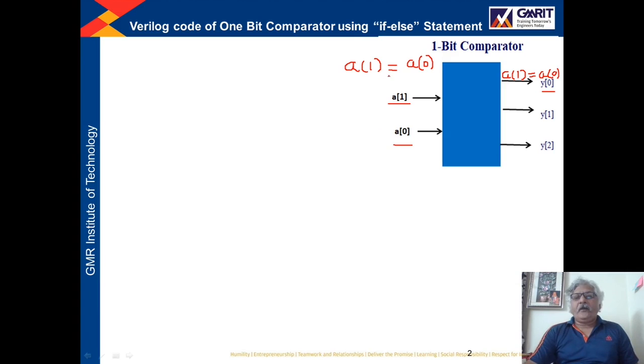Now if A1 is less than A0, then Y1 will be high. So Y1 will be high when A1 is less than A0.